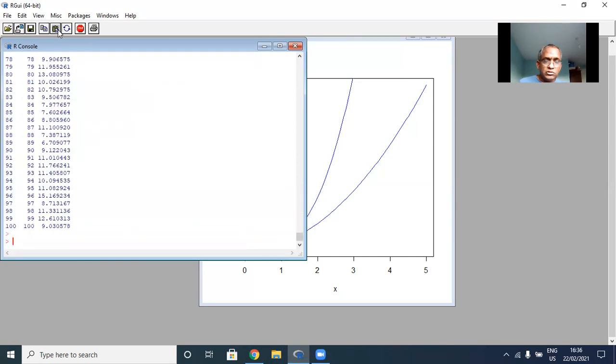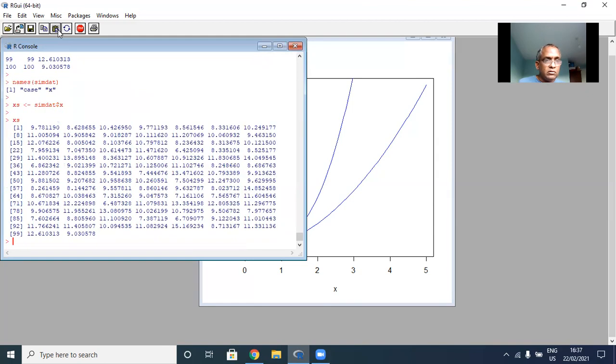It has 2 columns. If you say names of sim dat, it has 2 columns, case and X, right? Now the column that we are looking for is the second column, right? Which is sim dat$X, right? This is the column that we are looking for, right?